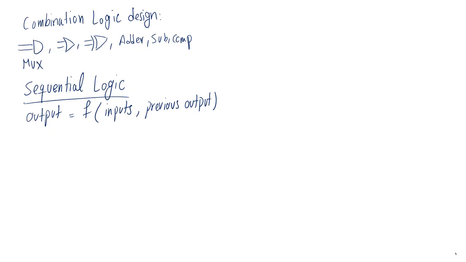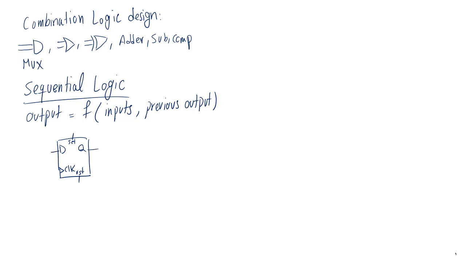But for sequential logic design, we learned that we could have gates such as latches and flip-flops whose output depends on their previous output as well. For example, the last thing we talked about was the flip-flops that had reset and set as well.